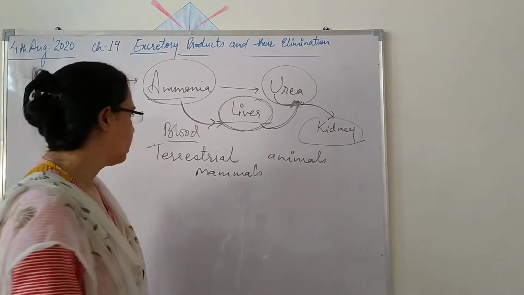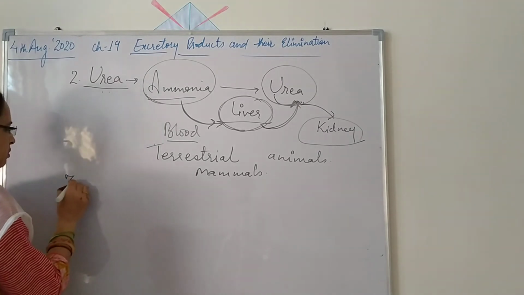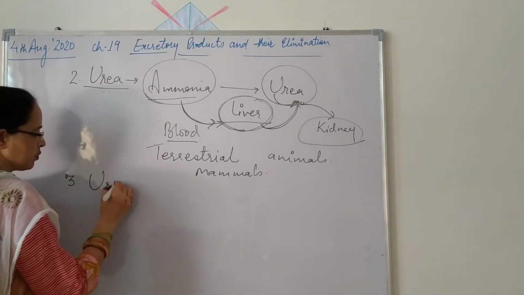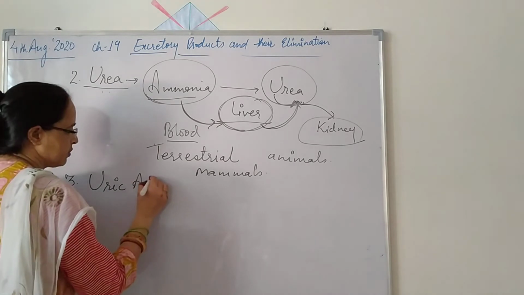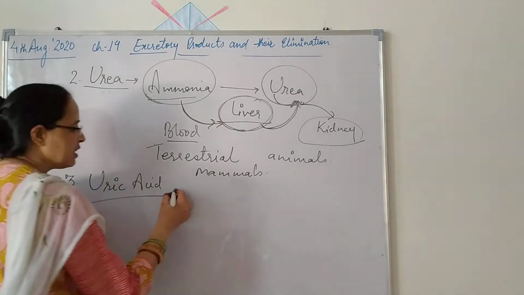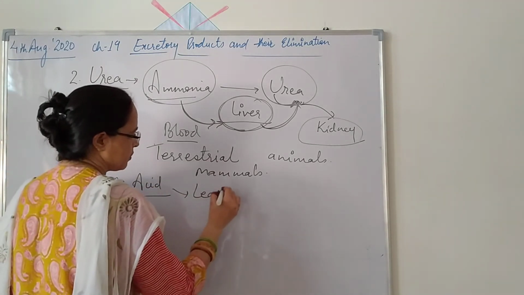Next we talk about the third one, that is uric acid. Uric acid is least toxic.